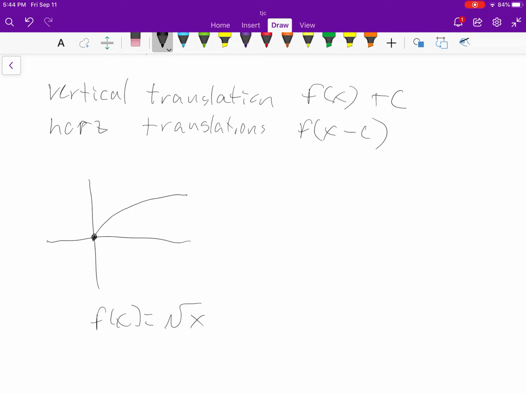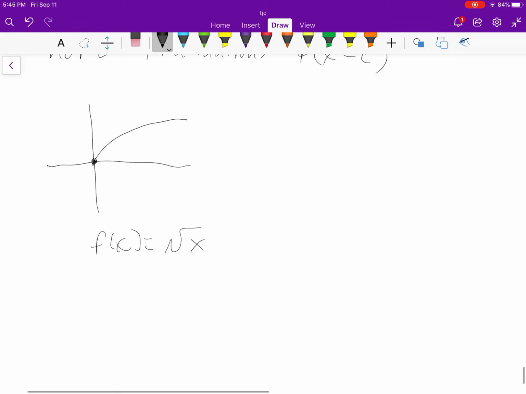Well, we can reflect it around the x-axis or around the y-axis, and those are different ways of doing it. So if you wanted to reflect this around the x-axis, you would do that by changing the sign.